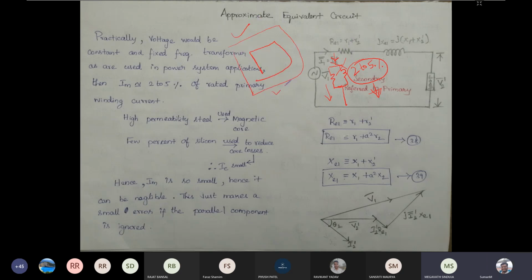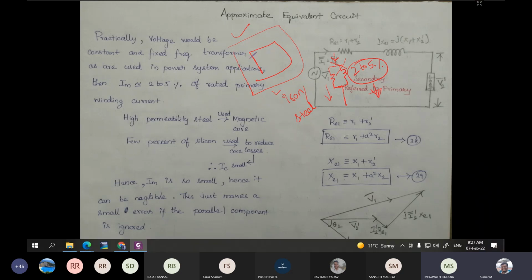This is a magnetic core, generally made up of iron or steel. So we can choose a proper material in such a way that the current drawn by this core element is lesser, or the current required to magnetize this core element is lesser. So we have to choose the material like that.